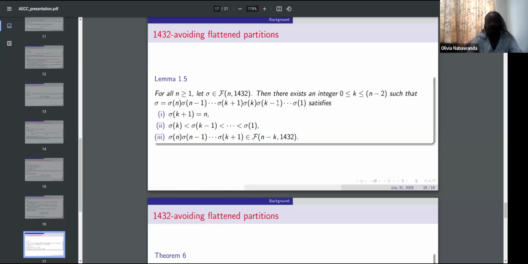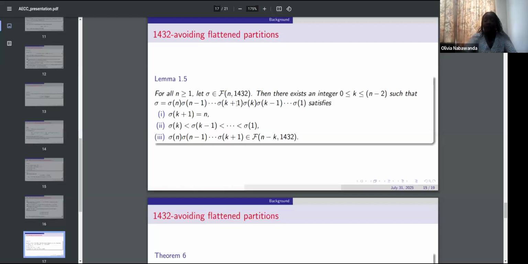So even if we do away with it, and it has k elements from sigma 1 up to sigma k, we are left with a subword of length n minus k.